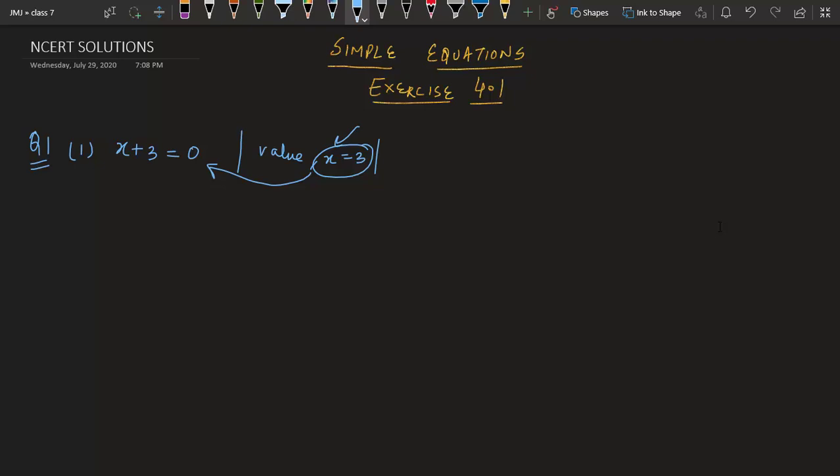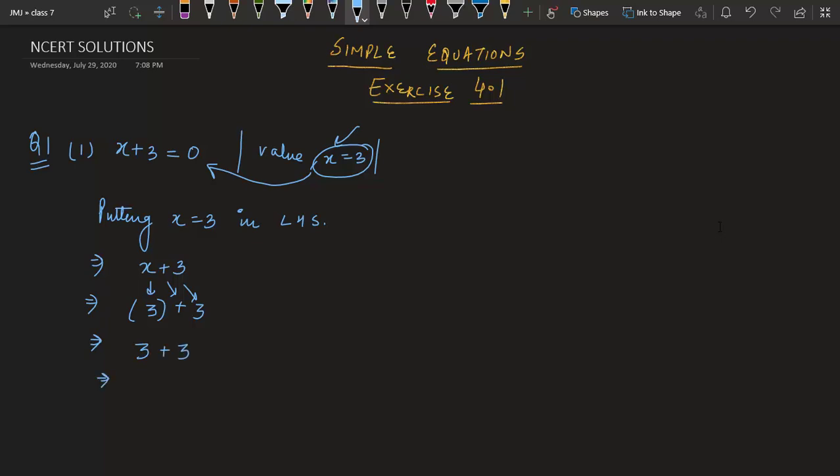So let's start. So we'll write, putting x is equal to 3 in left hand side. What will we get? We have left side x plus 3. When we put the value in bracket, we have put the value of x as 3, then we have a plus sign, then we have a 3. Further solving it, if you open the bracket, it will come as 3 only.